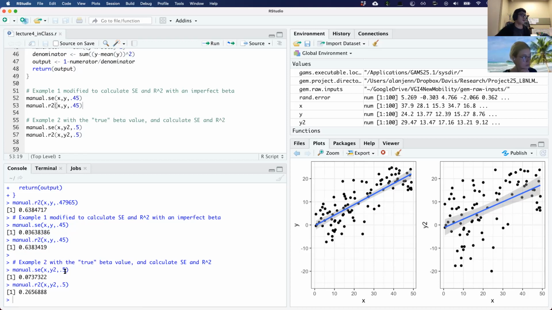Because in fact, we know that in example 2, which has the worst values for standard error and R squared, we actually put in the true beta value, and that ends up with, quote unquote, worse metrics than example 1, where we know you have the wrong value.